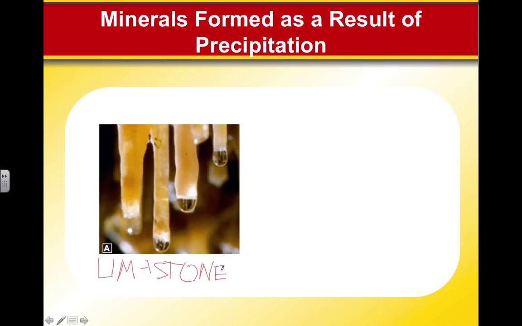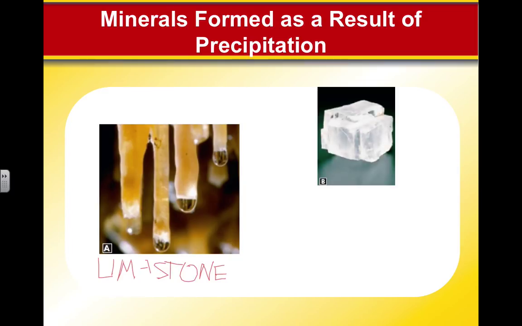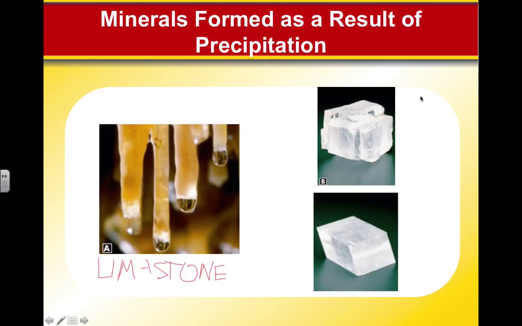It has to be near a water source, like I said, in order to have precipitation. This one, we definitely did, actually both of these we did in class. Okay, this is an example of halite.